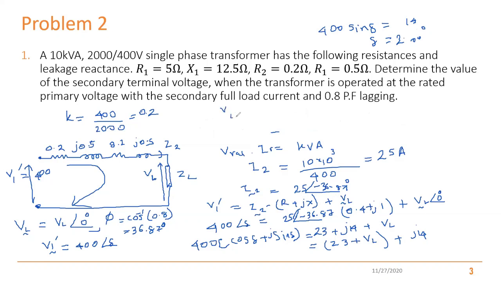Now VL plus 23 should be equal to the real part, 400 cos delta, which is 399.75.